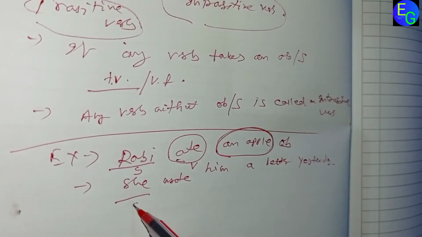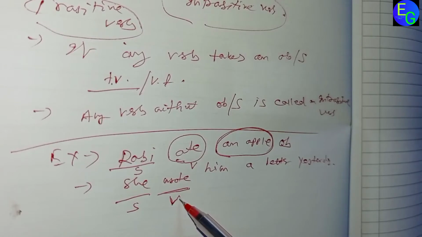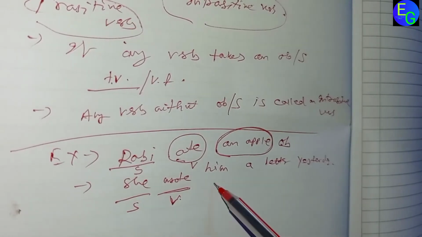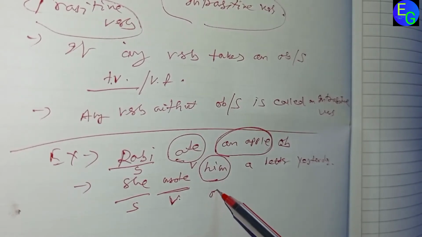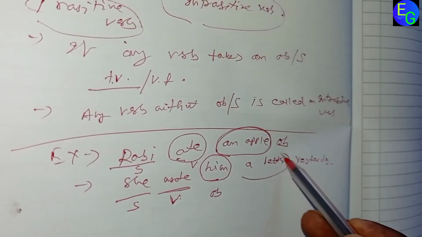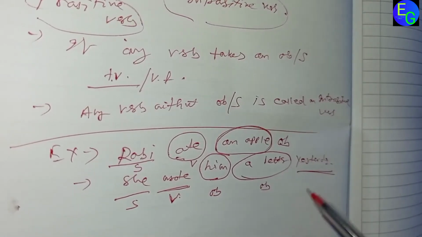Similarly, she is the subject, wrote is the verb. What did she do? She wrote. It is the verb. And there is another word, him. This is an object. A letter is also an object. But this word is extra information.